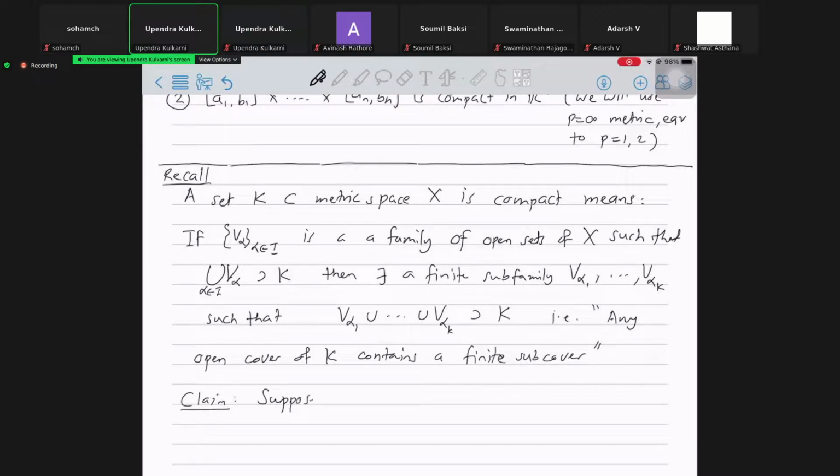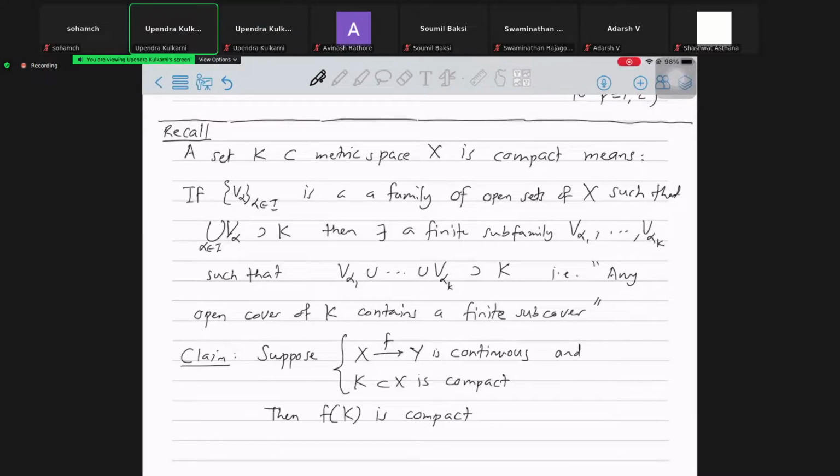Suppose I have a continuous function f and K is compact. So in other words, we are saying the continuous image of a compact set is compact.